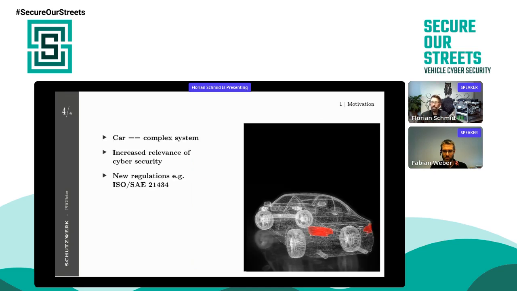So cars, as you're probably aware, are quite complex systems, and there has been a quite significant increase in the relevance of cybersecurity over the past few years, which also led to new regulations, like, for example, ISO SAE 21434.